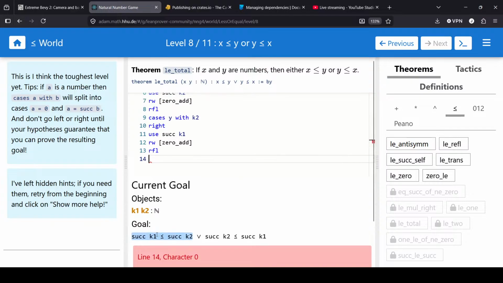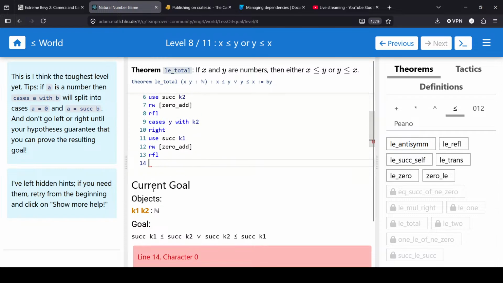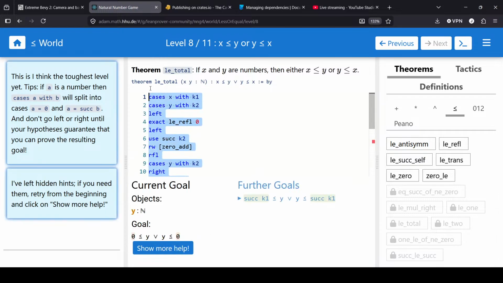Because I can remove the succ from both sides. I just incremented everything. This level's evil. I think when I first got here, I just incremented everything. This is bad. I don't think this is helping me.